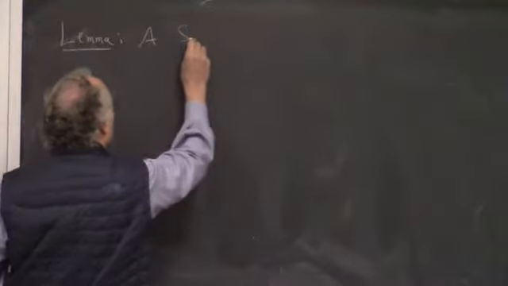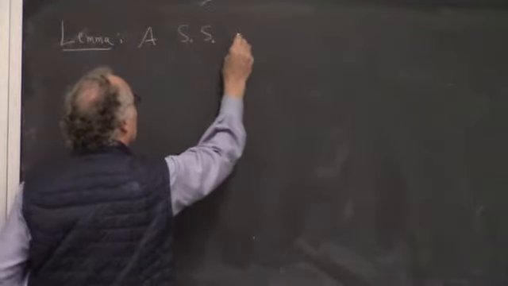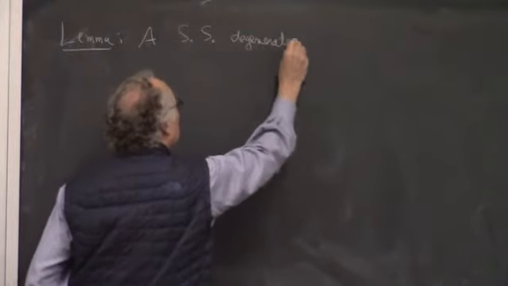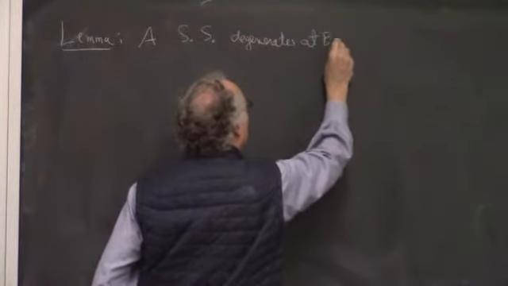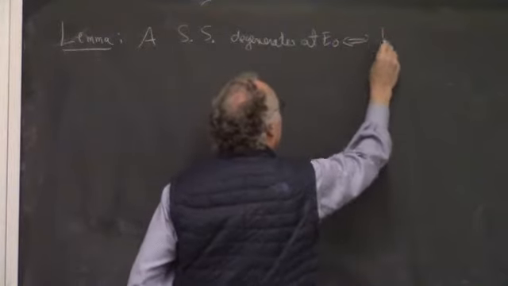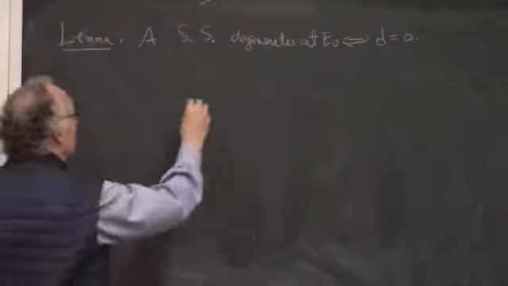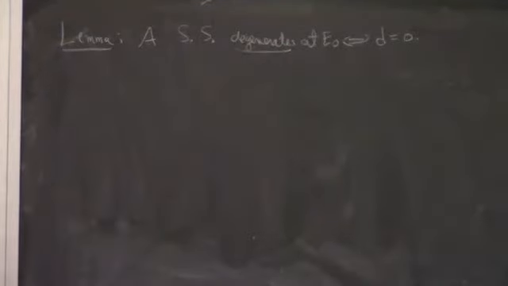A spectral sequence degenerates at E_0 if and only if d in the chain complex is 0. So maybe I should remind you what it means for a spectral sequence to degenerate.